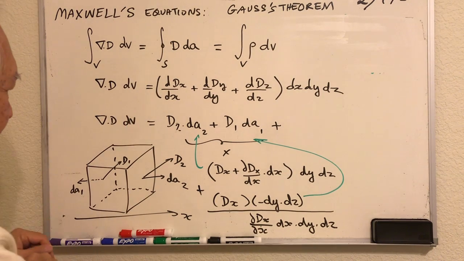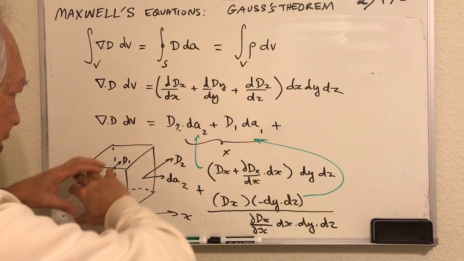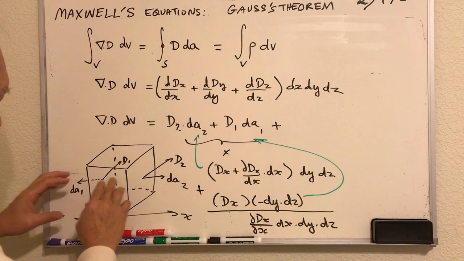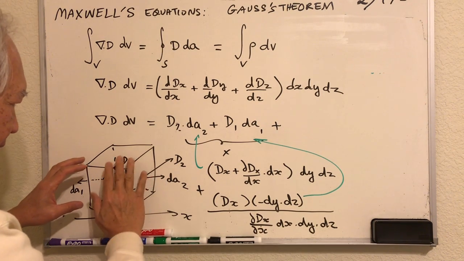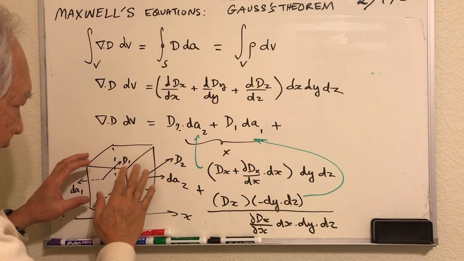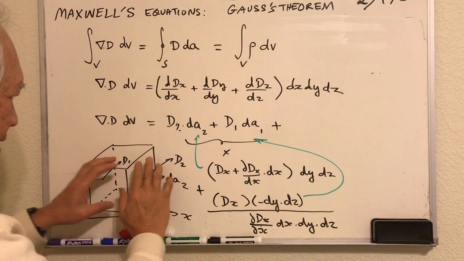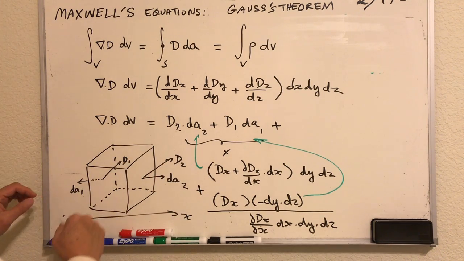unit volume. Now, when you take that integration over the entire volume of interest, any value associated with any internal face will be cancelled by the adjacent unit volume, right?